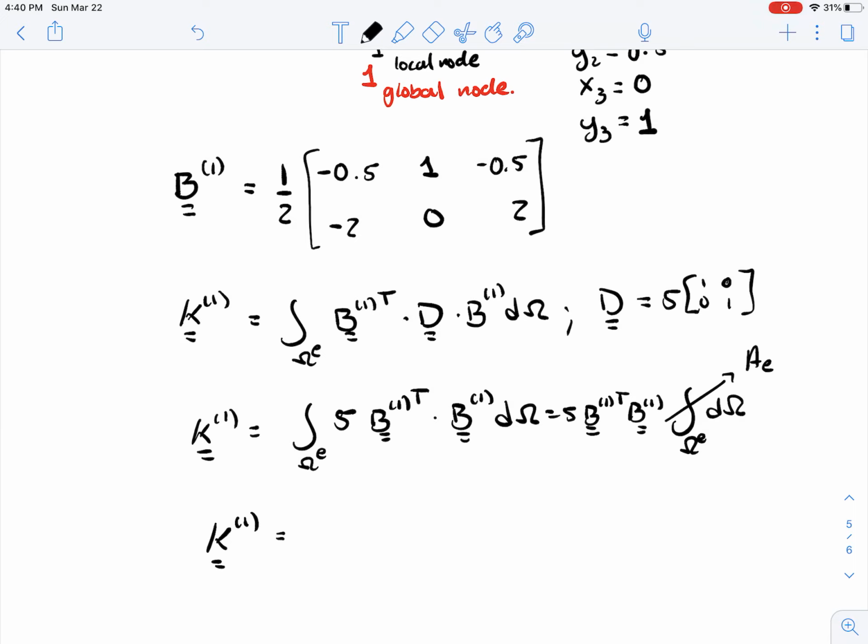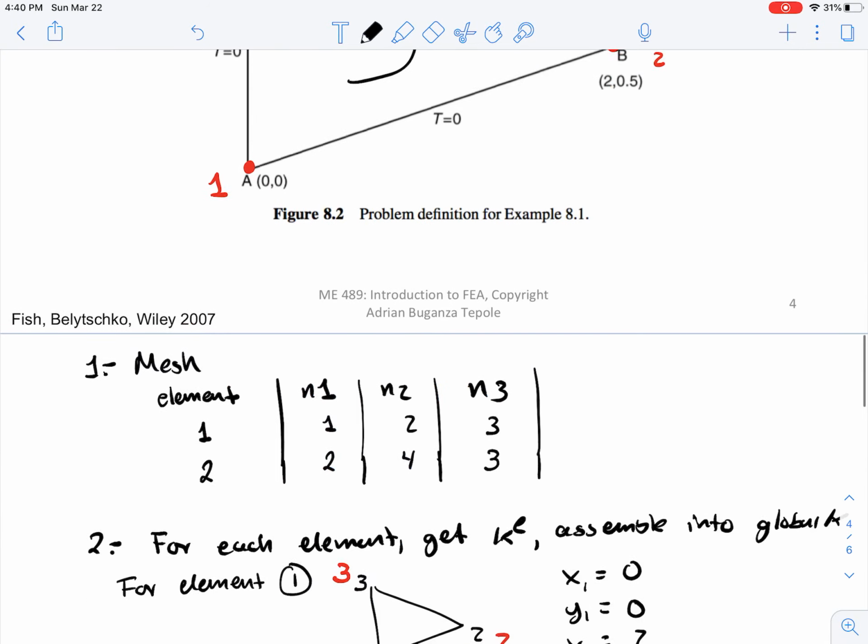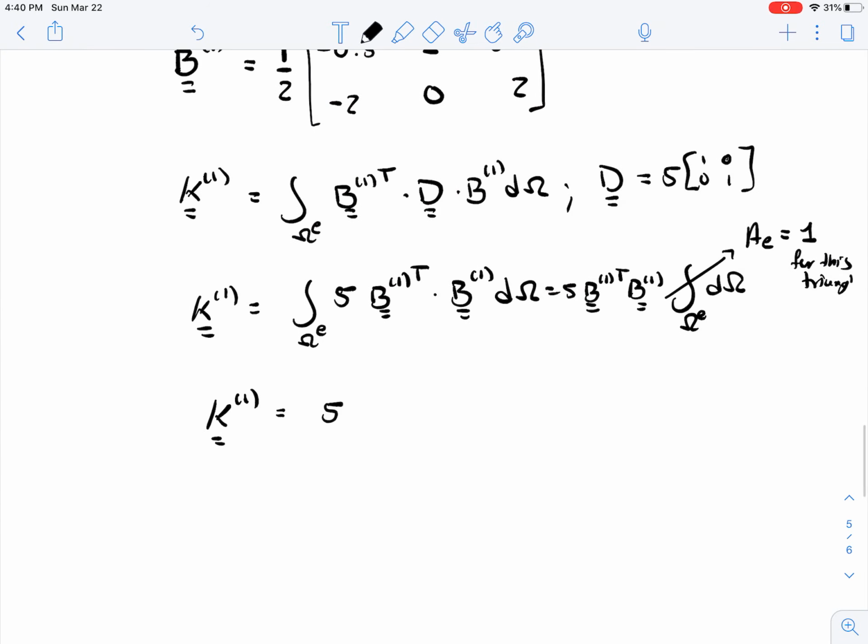So the element stiffness matrix is just going to be 5 times the area of the triangle, which in this case is 1, times B1 transpose B1.